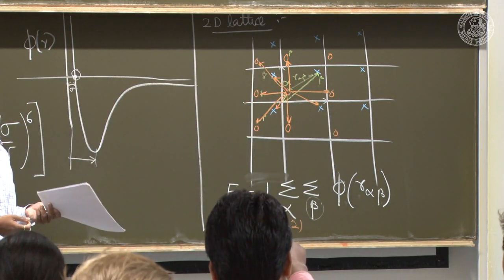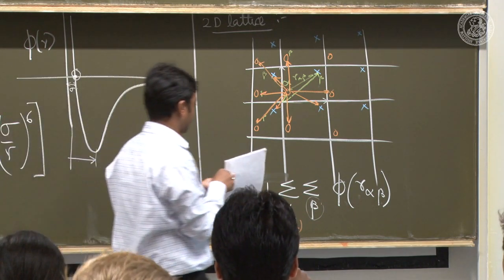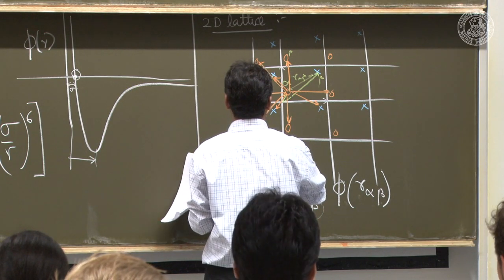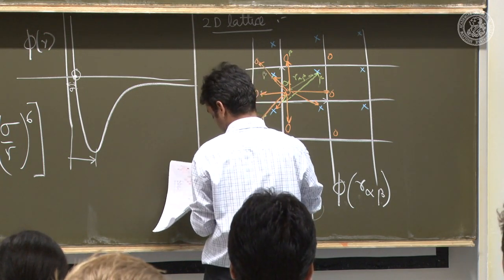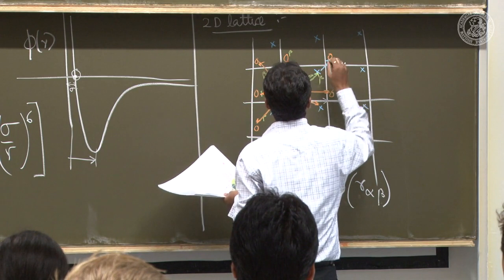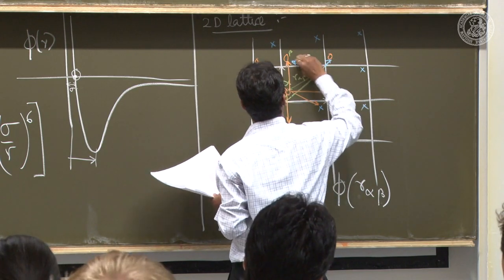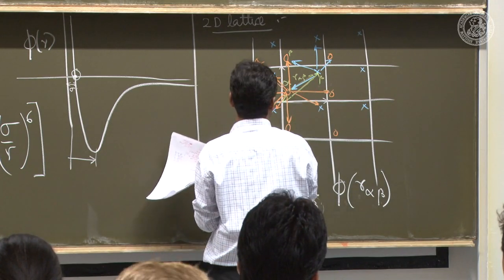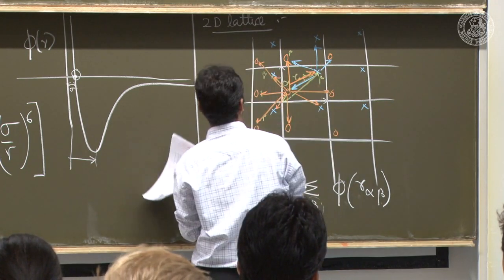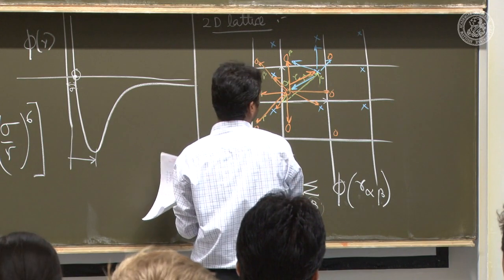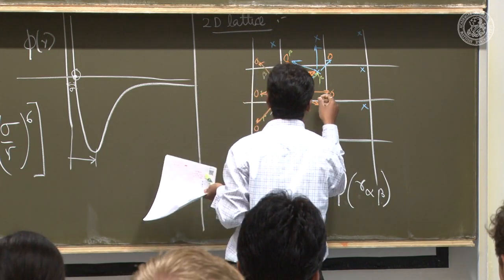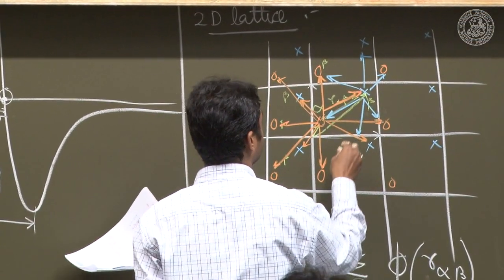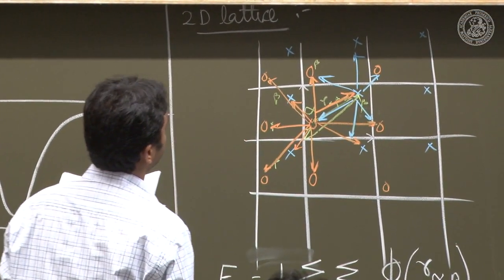And then for the blue one, draw all the bonds with blue.